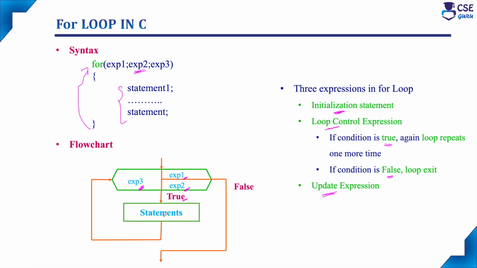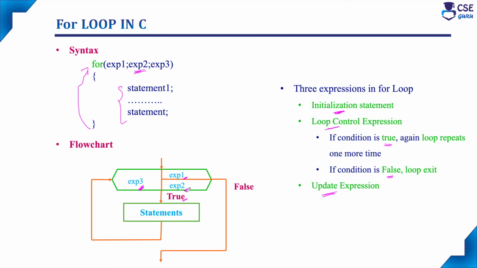So now two iterations are over, and again if we are considering, expression 2 will execute. That is, the loop control expression will be tested with the recent updated value of variable. And again if the loop control expression is evaluated to true means one more time body of the loop will execute. So this process will continue until the loop control expression is evaluated to true.